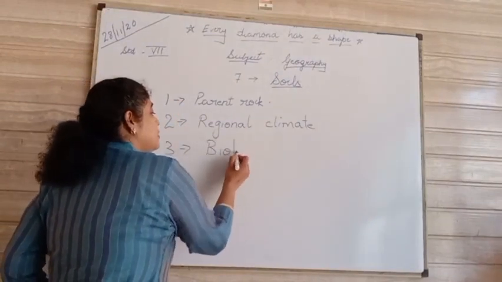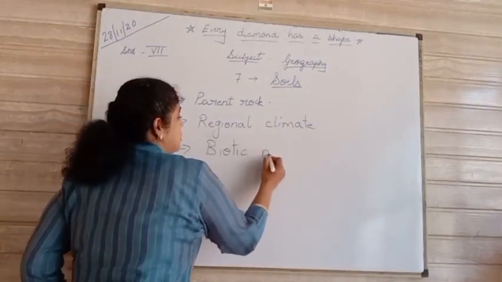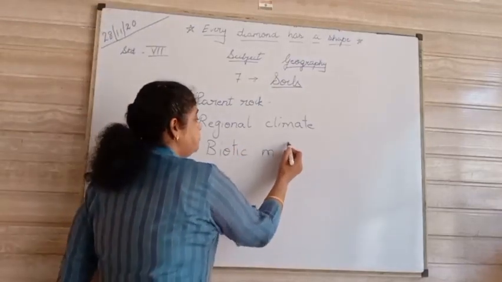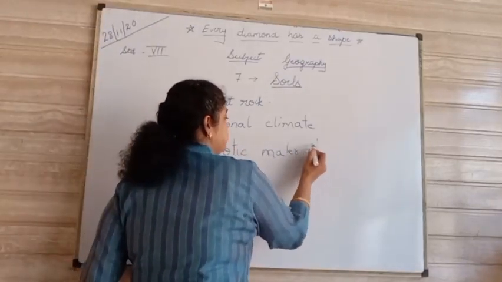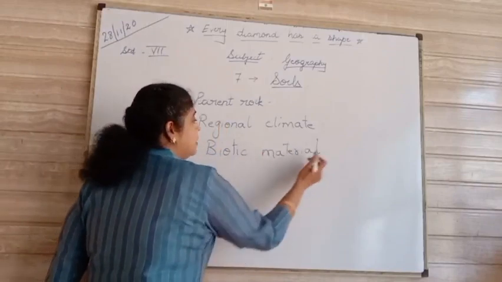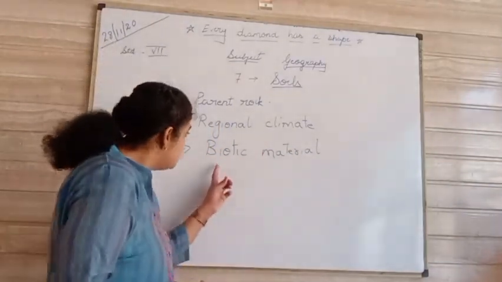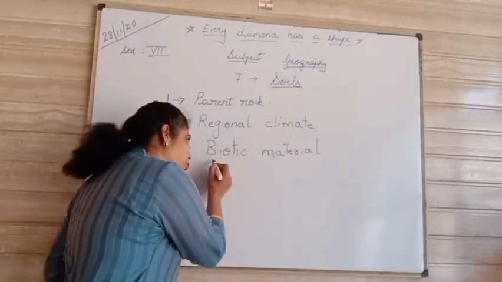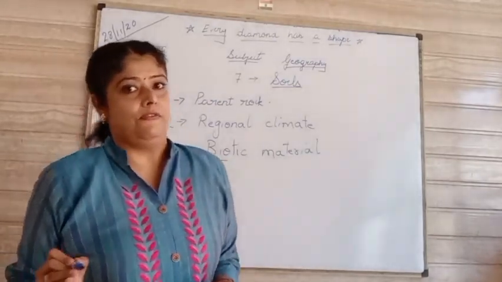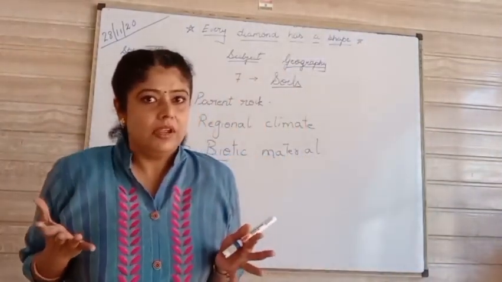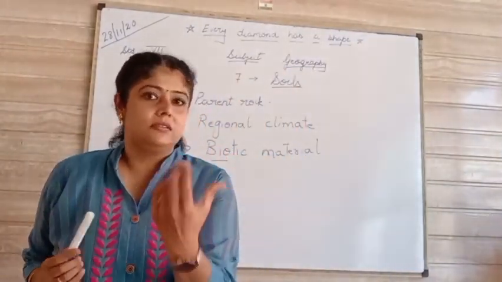Okay. The next factor responsible is a very interesting one: biotic material. Now, what's the meaning of biotic material? When I speak about biotic, bio means life. It means there are some living organisms in the soil, right? There are some microorganisms in the soil.